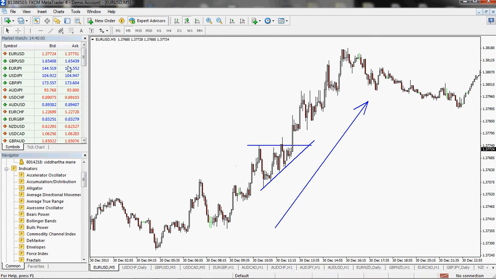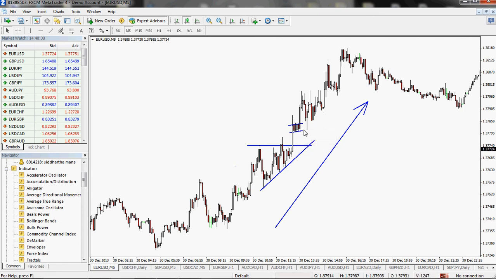And another one is, see this one. Okay, see, this is a rectangle pattern actually, similar to rectangle pattern, this one.